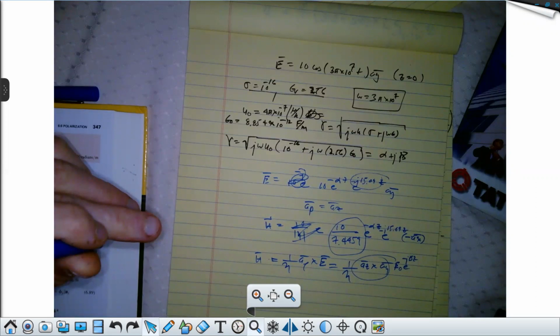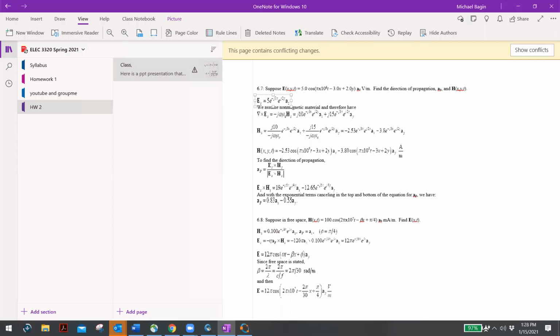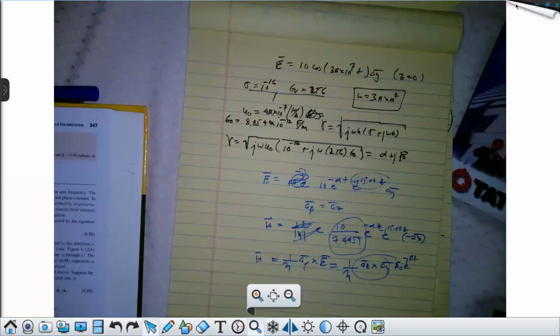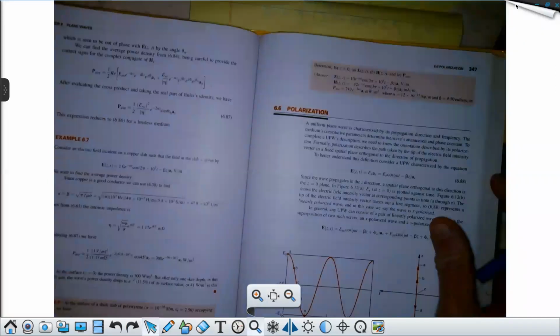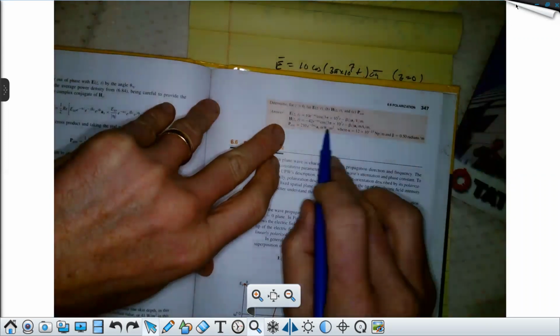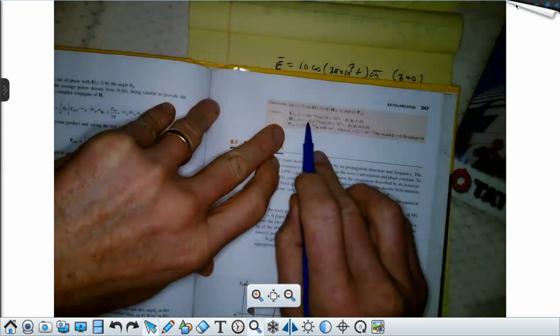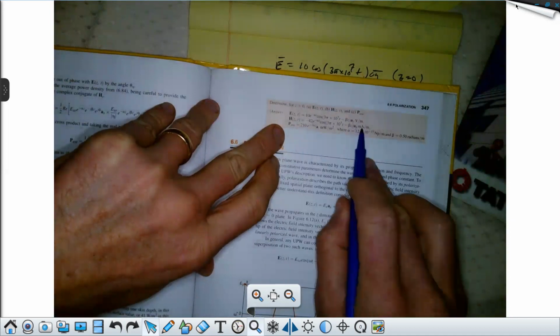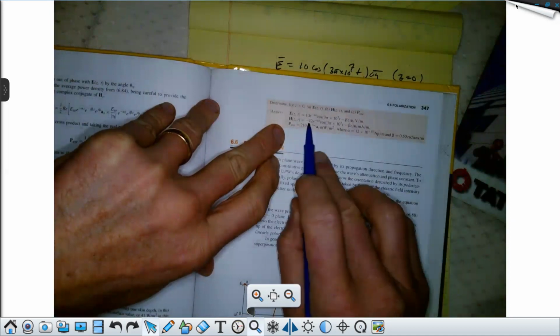What problem was that again? It was Drill 6. Sorry. Now, if you look at the drill here, you're going to see that his H field is minus, and he's got minus 42 milli, so this is going to be minus 0.42 actually.